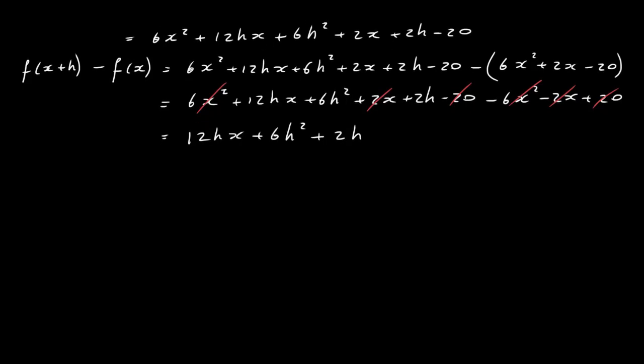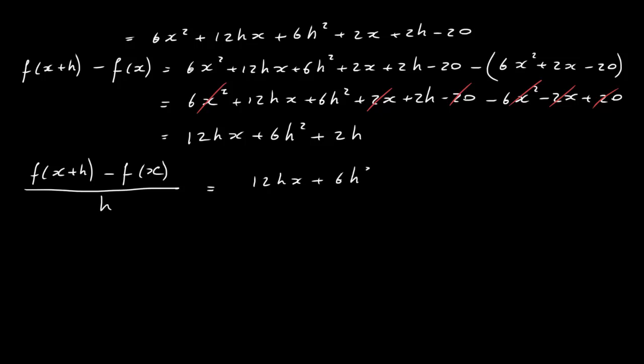Okay, the next thing we're going to do is divide by h. So we're going to take our f of x plus h minus f of x, and we're just going to divide by h. So do the same on the right hand side: 12hx plus 6h squared plus 2h, divide by h.